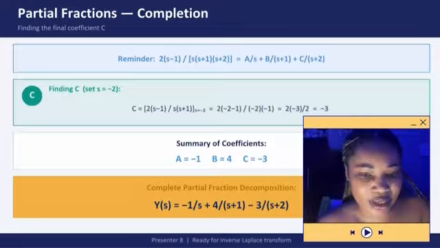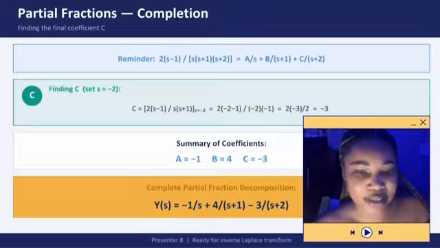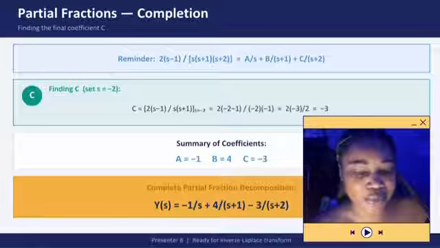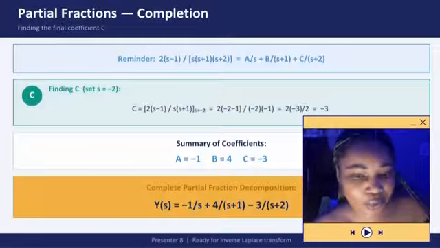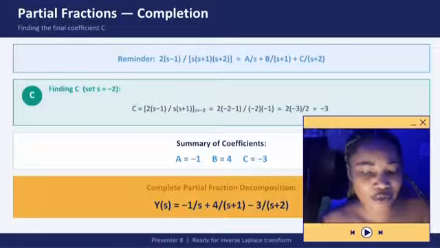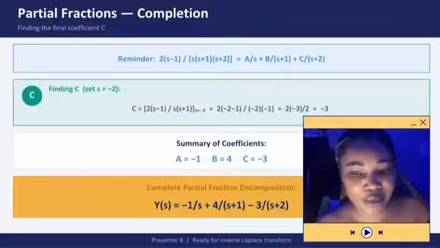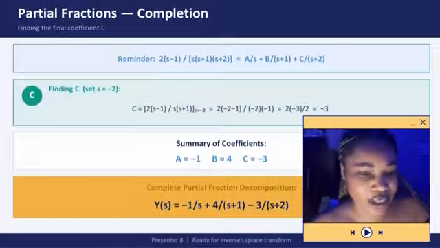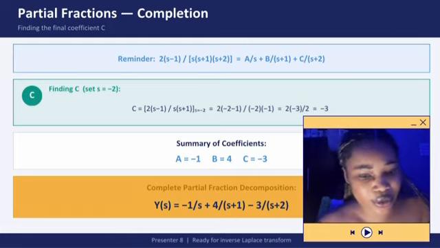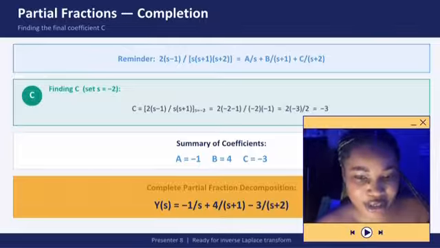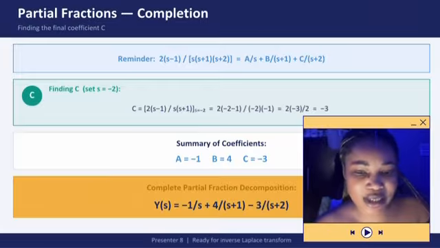So as you found that A is equal to negative 1 and B is equal to 4, now we need C. Using the cover-up method one more time, you have to multiply both sides by s plus 2, then set s equal to negative 2. C is equal to 2(s minus 1) over s(s plus 1).